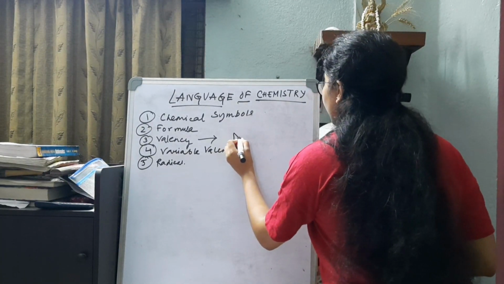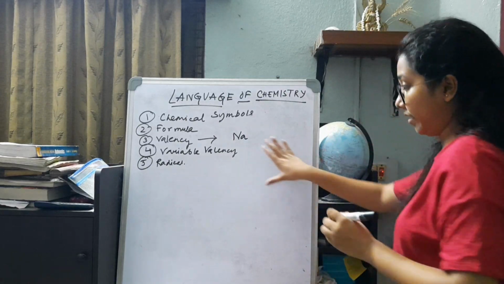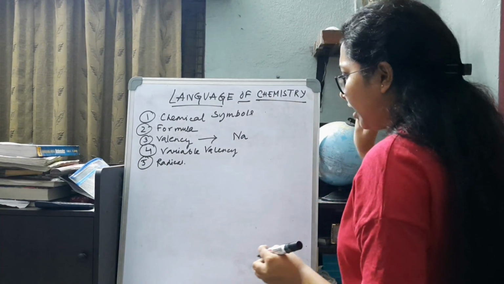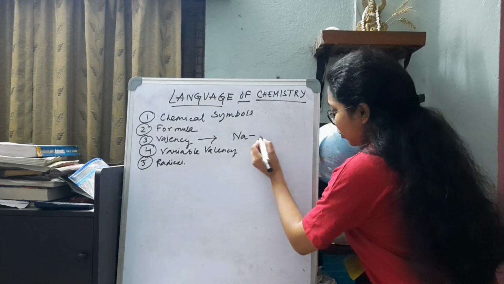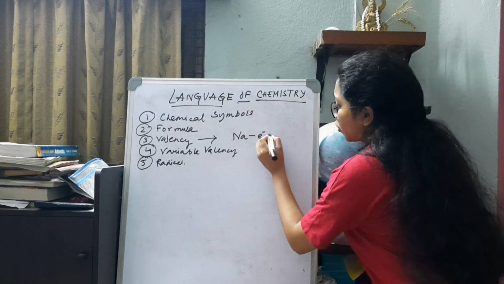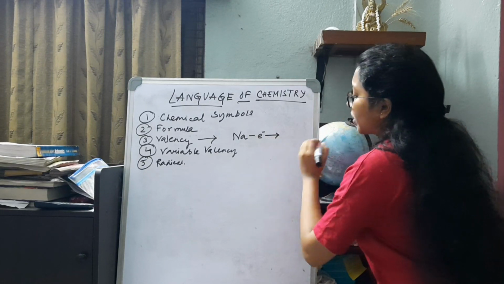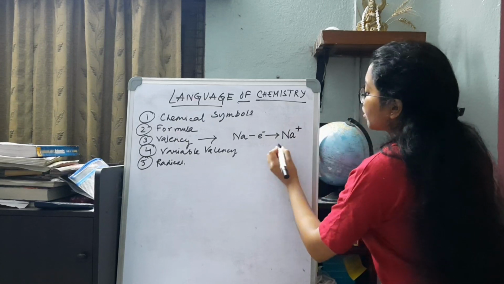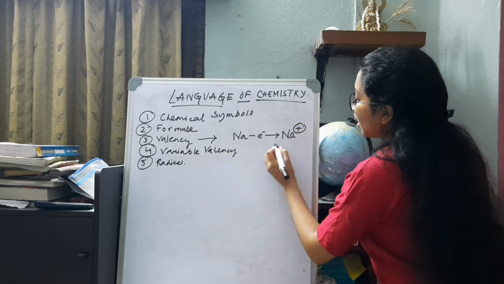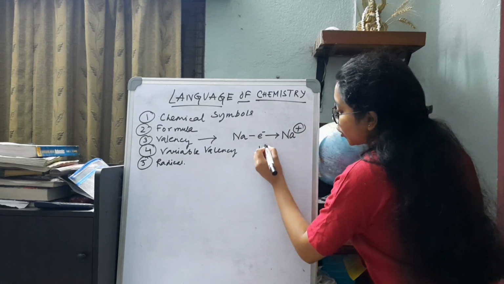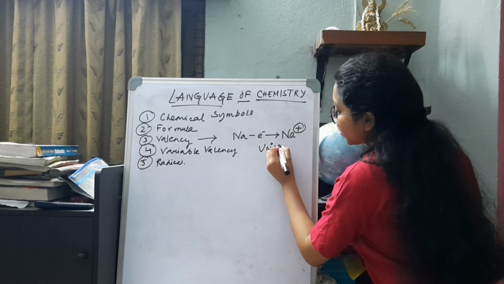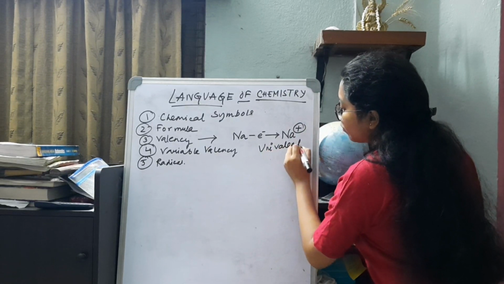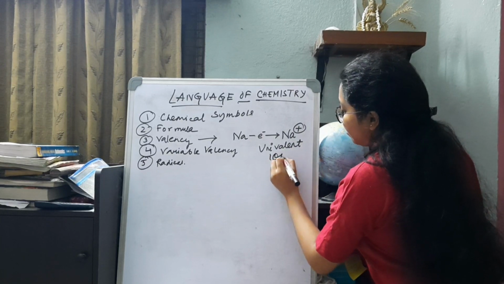Starting with the simpler ones, sodium is a metal, more specifically an alkali metal. Sodium has a tendency of losing one electron to form Na+. Because it forms a plus charge of only a single unit, we call sodium a univalent ion.